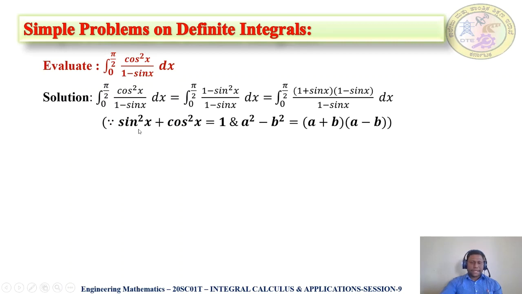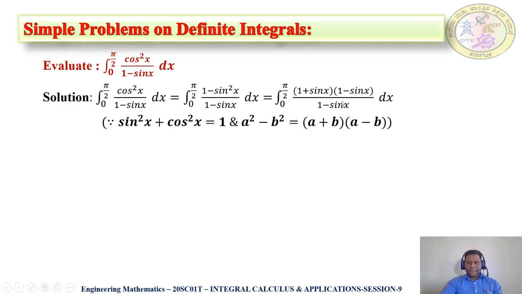We have used sin square x plus cos square x equal to 1, so cos square x equal to 1 minus sin square x, which is in the a square minus b square form. By using that, it becomes 1 plus sin x into 1 minus sin x.